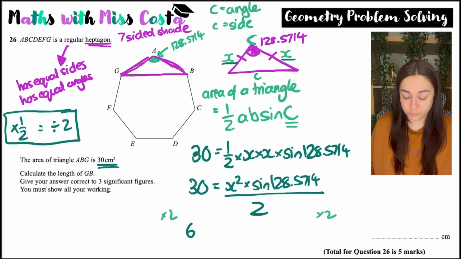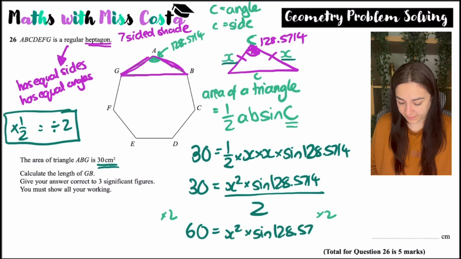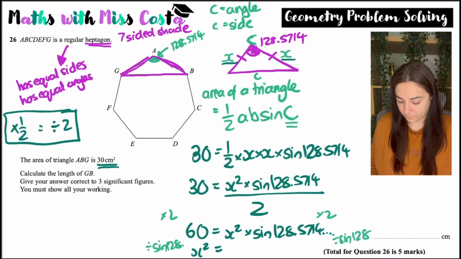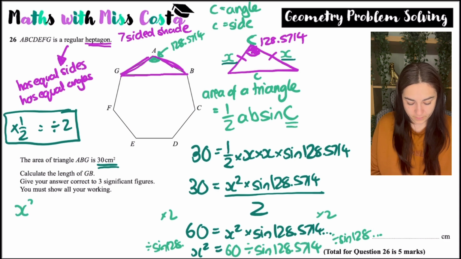But then if I times both sides by 2, because I'm just trying to rearrange it to solve for X, 60 is going to equal X squared times sine 128.5714. And in order to get X squared, I'm going to need to divide both sides by sine 128.5714. So X squared is going to be 60 divided by sine 128.5714.